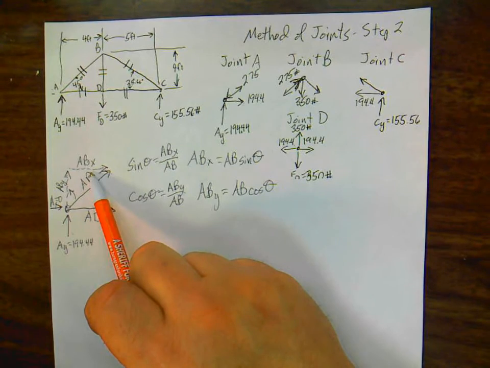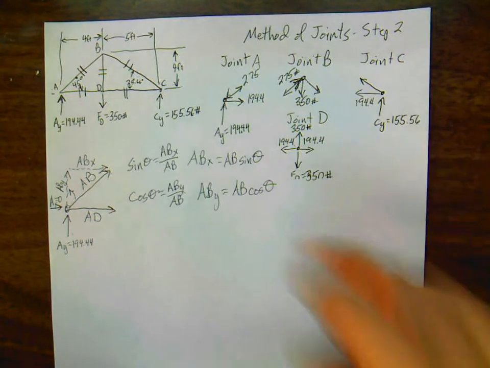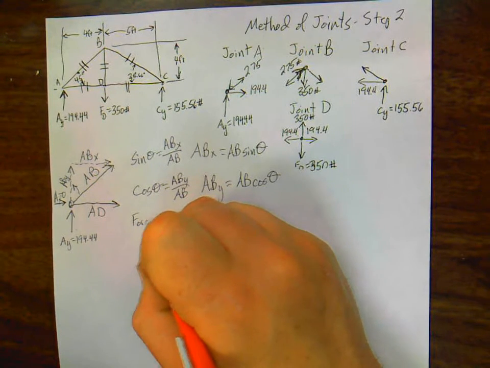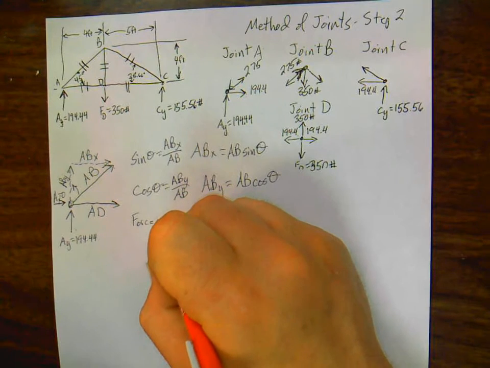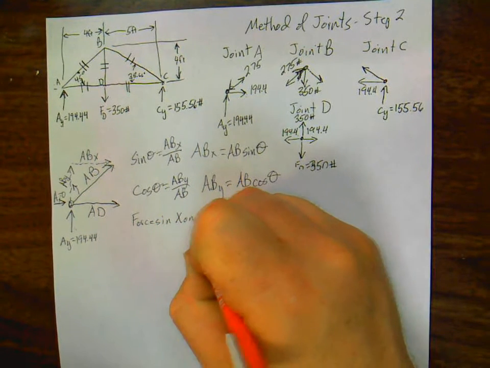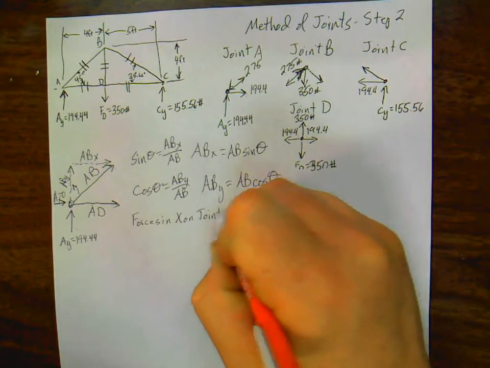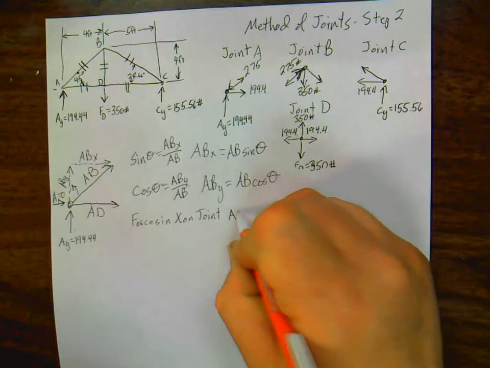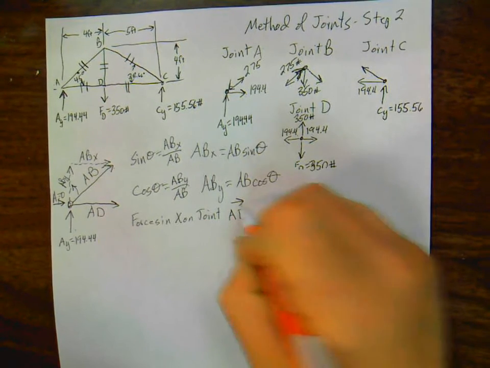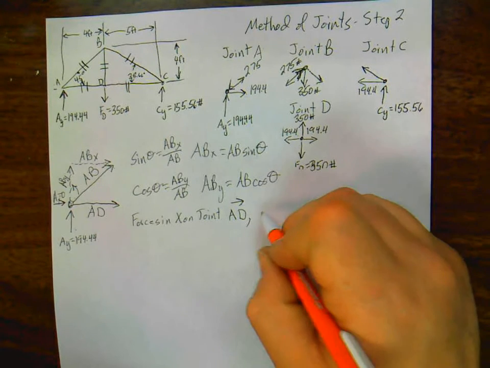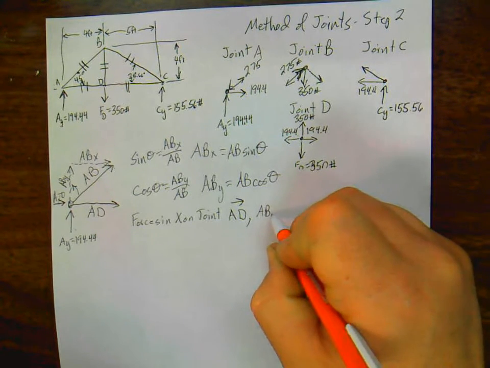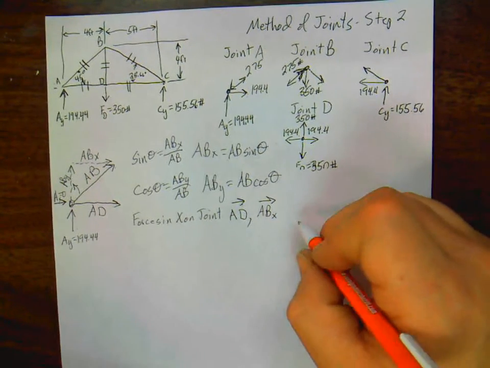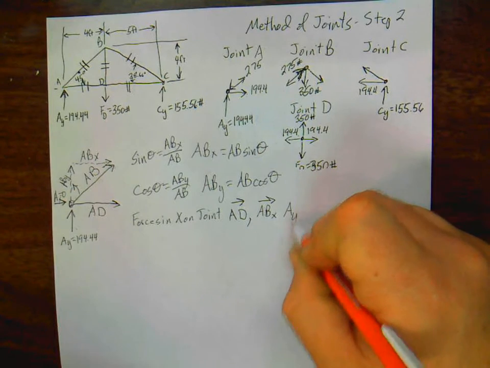So let's line up and consider what our forces in the X on joint A are. We see here that we've got vector AD, and that's going in the positive direction. We've got ABX, that too is going in the positive direction. We've got A in the X, which is 0, but that was going in the positive direction as well.